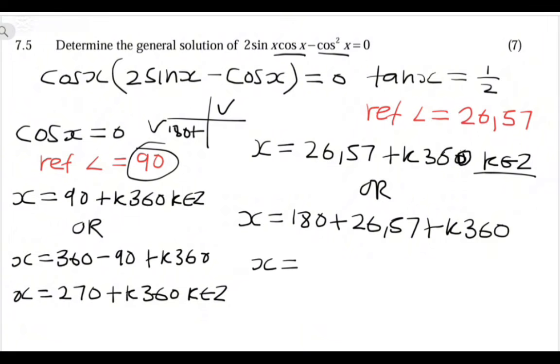So we're going to have x equals 180 plus 26.57, let me just check this one, it's going to give us 206.57 plus k 360, and then k an element of integers.